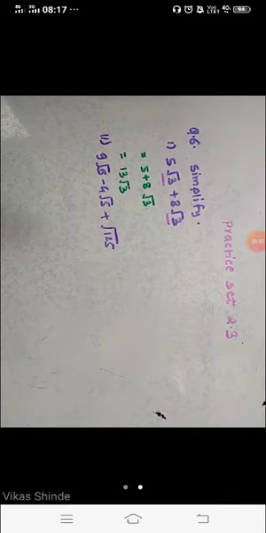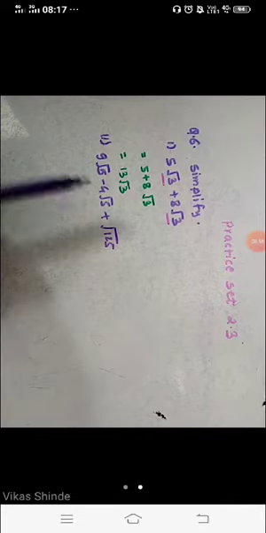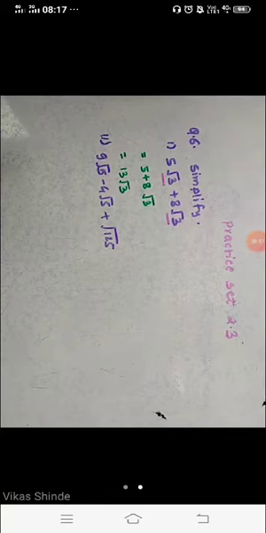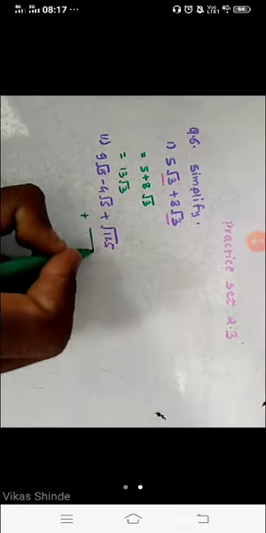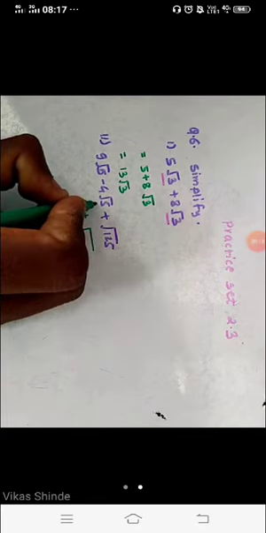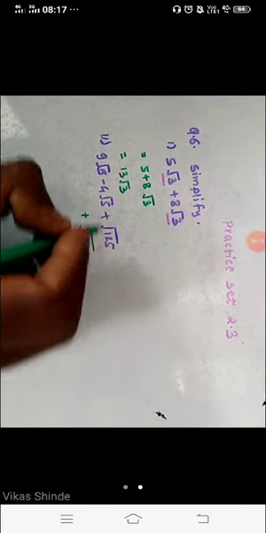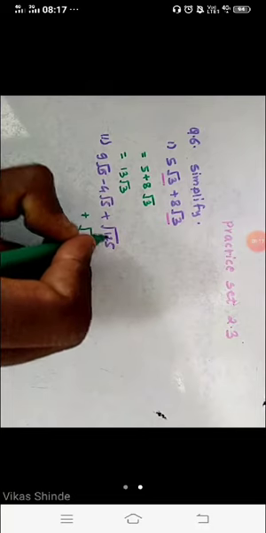Always we need equal radicands and equal order for calculating the addition as well as the subtraction. Here is 125, so we have to split this number. We have to find two factors. Out of these two factors, one factor should be 5. Means we have to divide that number by 5.